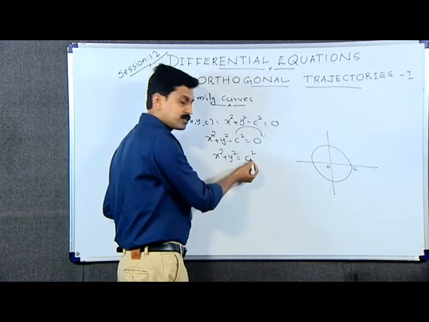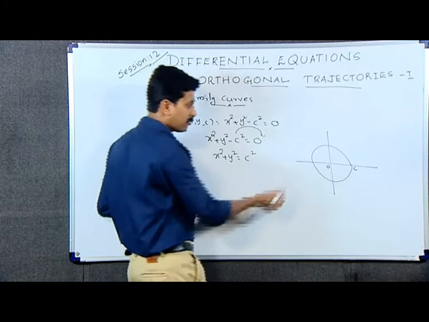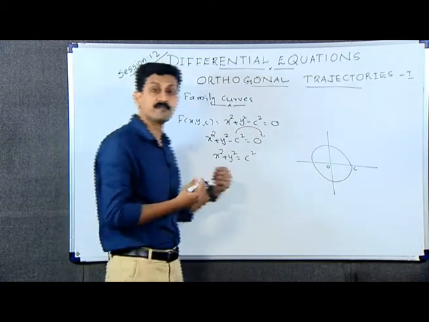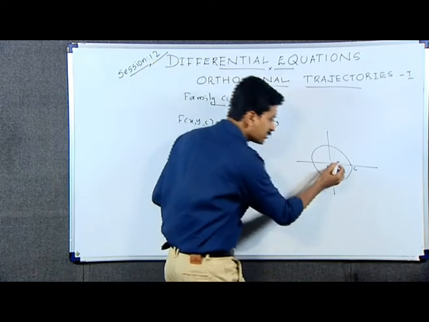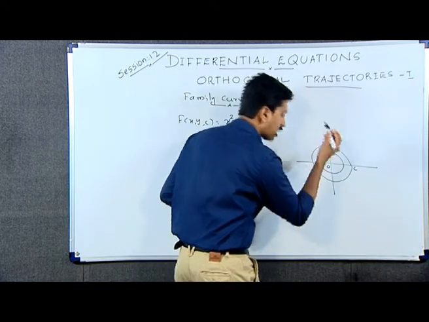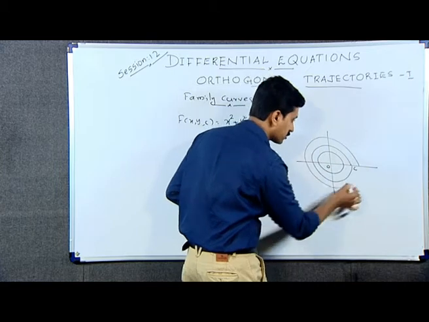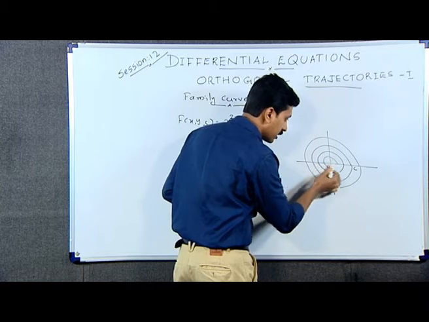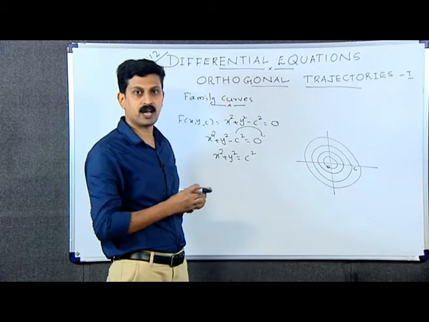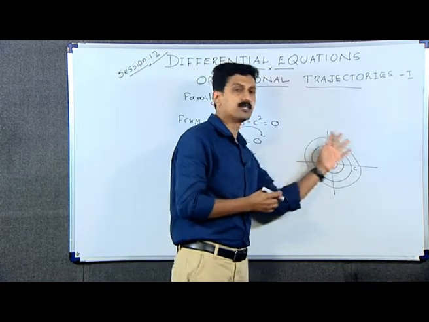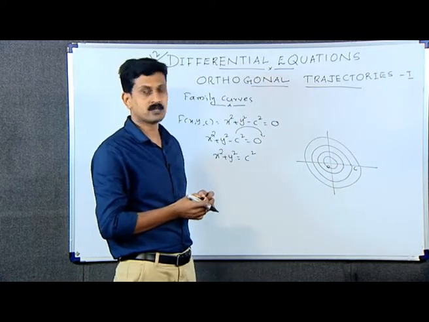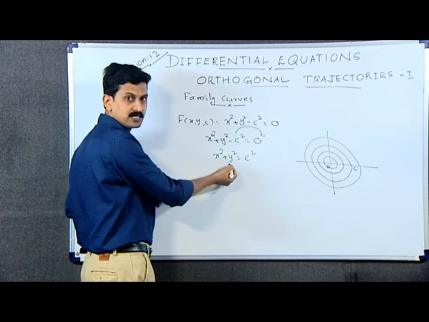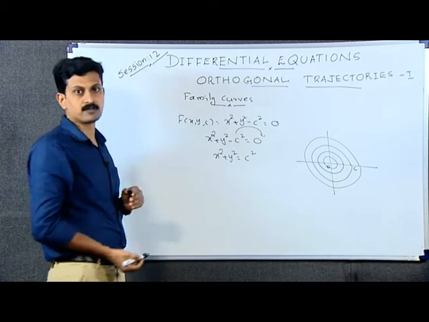We are taking c as a variable, so it can vary. This means we will have a collection of circles, which are concentric circles. So we can say that this is a family of circles.